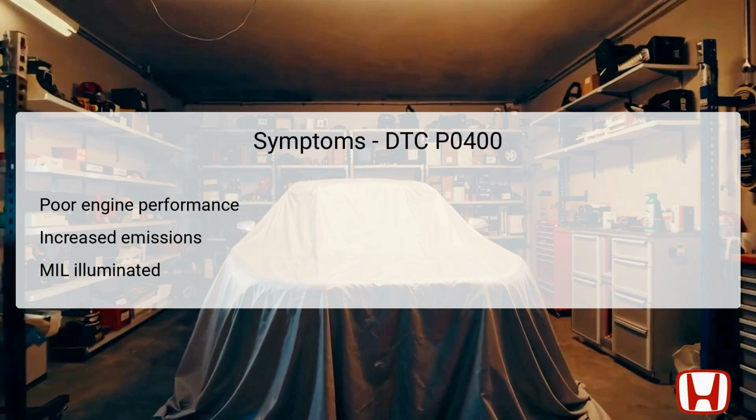The illumination of the malfunction indicator lamp, MIL, serves as an important alert that there is an issue needing attention. These symptoms not only indicate deficiencies within the vehicle, but also signify compliance issues with emissions regulations, compelling drivers to seek diagnostics and repairs promptly.